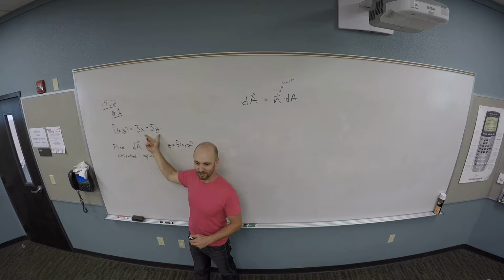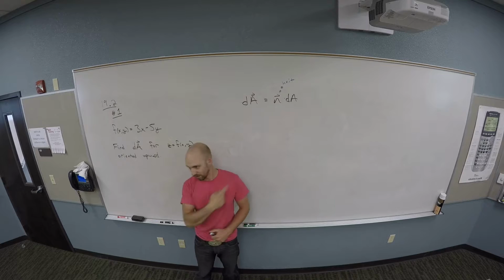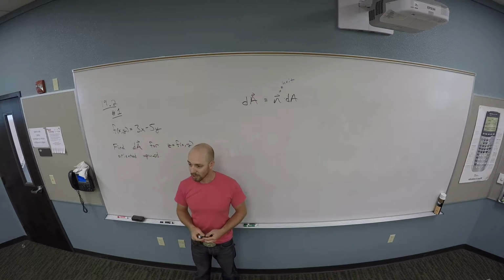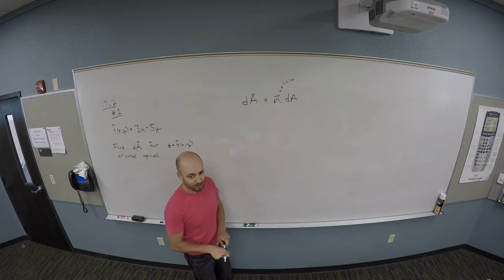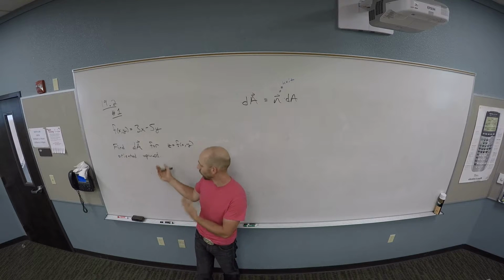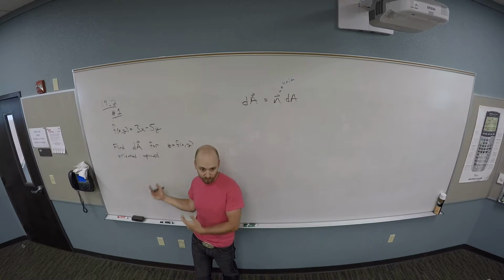Oh yeah, partial. You guys see that? So I could find the normal vector for this plane and then scale it out to unit length. That would be one way I could do that. Another way I could do it is I could remember that there's a formula for when the surface you're talking about is a function.